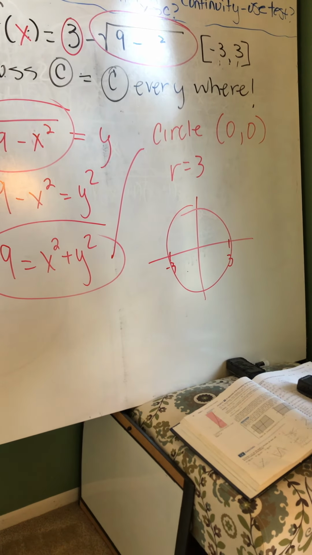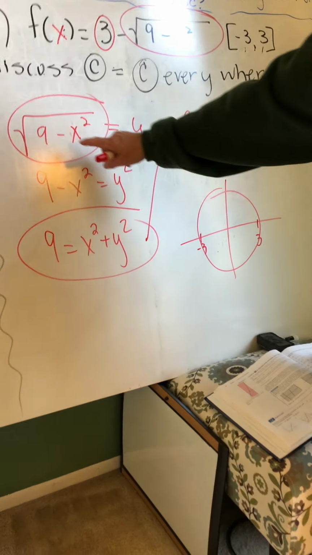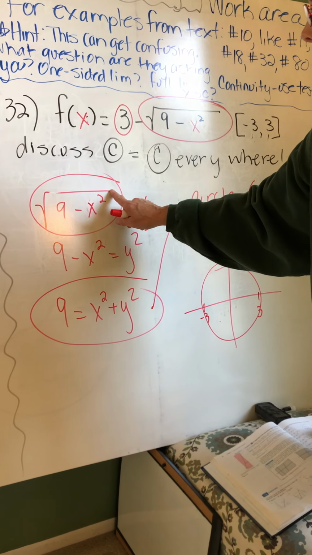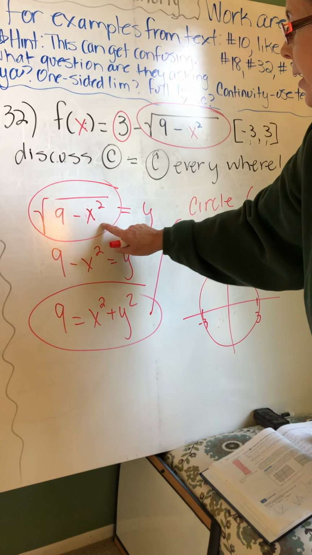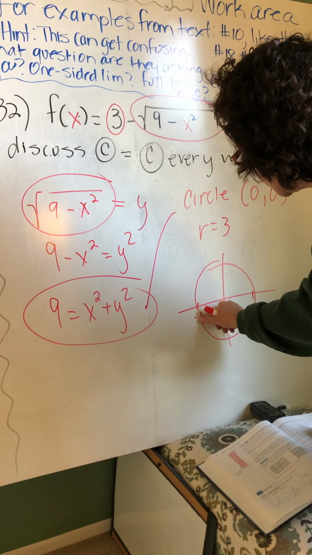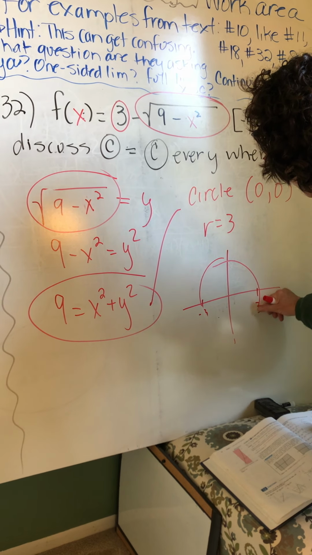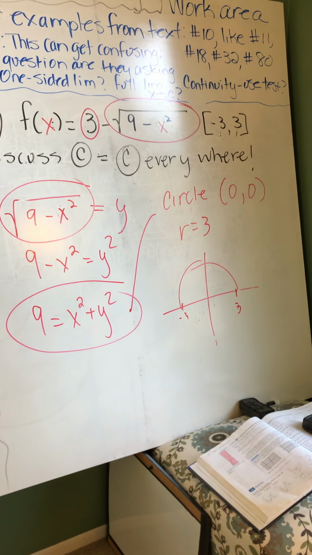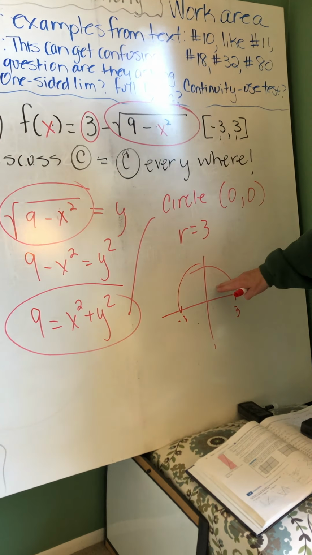Certainly looks continuous, doesn't it? Now let's take a look here though. This is only positive, right? For any x we put in here, the answer is only going to be positive. So when you have that positive square root, you only have the top half of the circle. Okay, so that is what this function looks like.